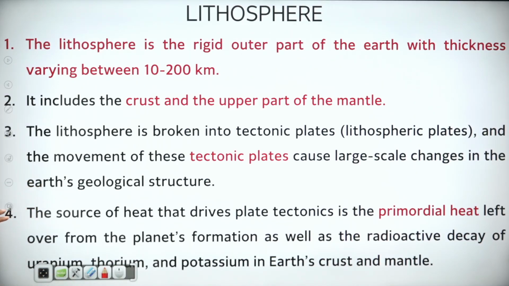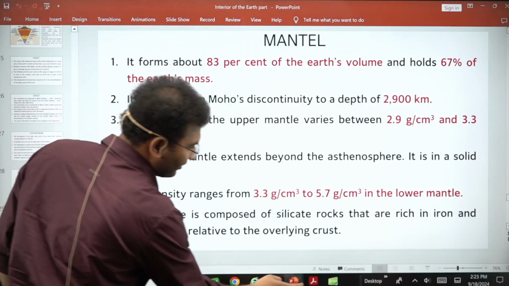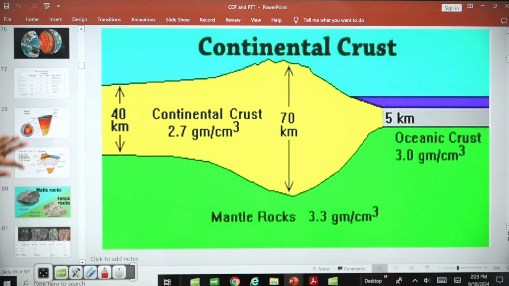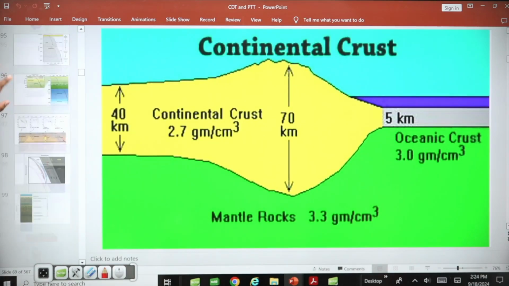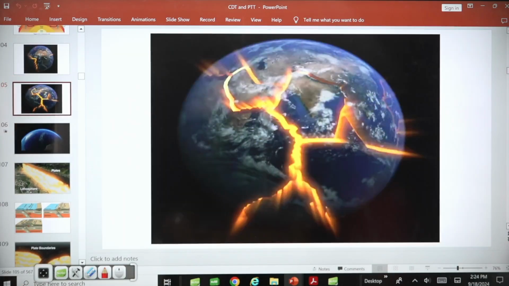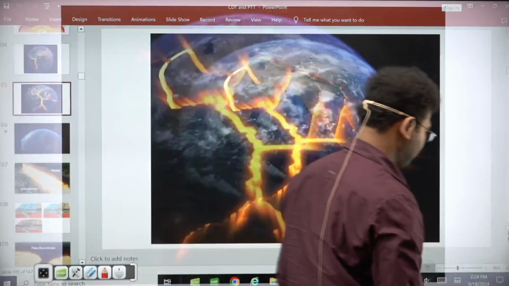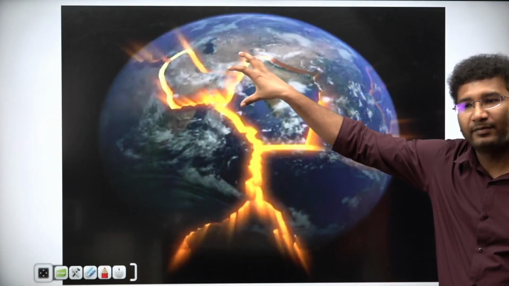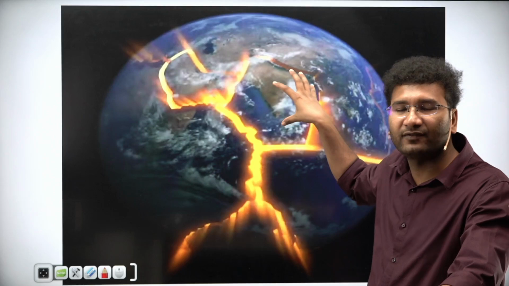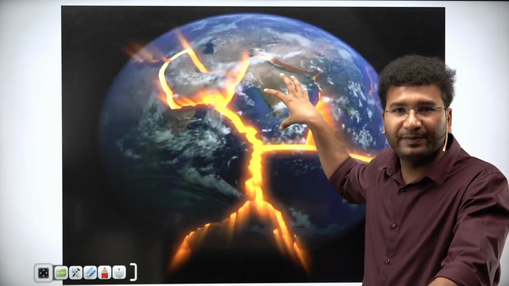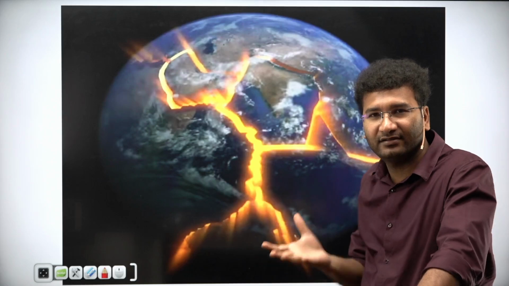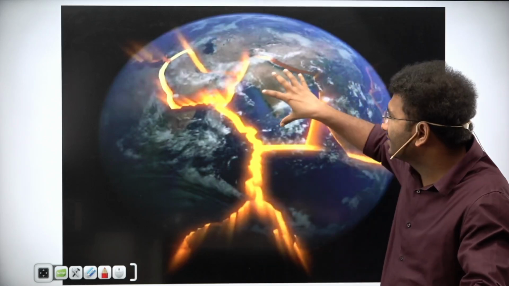See, this lithosphere, just imagine, until 200 kilometers depth into the ocean, it is like this. Imagine this is one piece of earth. This piece is broken up till 200 kilometers depth, that lithosphere, and this lithospheric piece is called a plate.